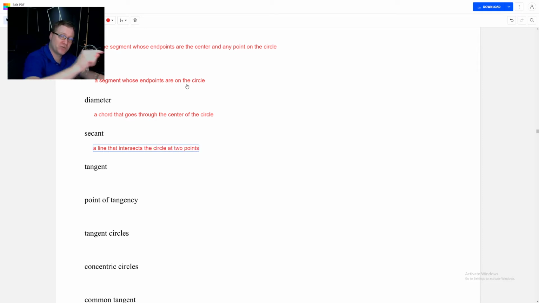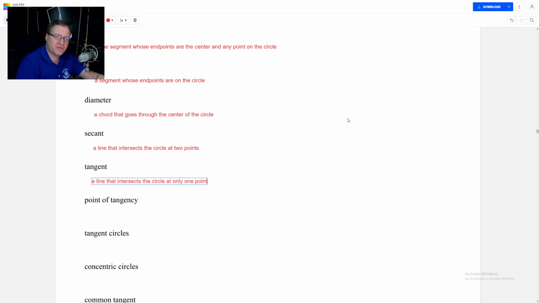So if it goes through the circle at 2 points, we call it a secant. All right. Next, we have a tangent, and that's kind of like a secant, but it's a little bit different because it's a line that intersects the circle at only 1 point. Okay? So that's what a tangent is.